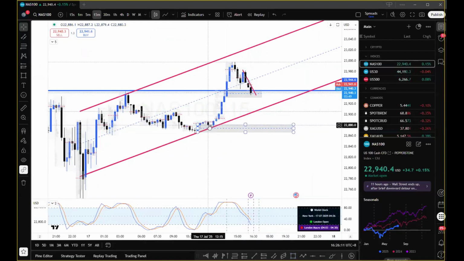But it tapped. Okay, in fact, this was almost an equal low. It tapped in here. So what we'll be looking out for is for us to create a higher low.